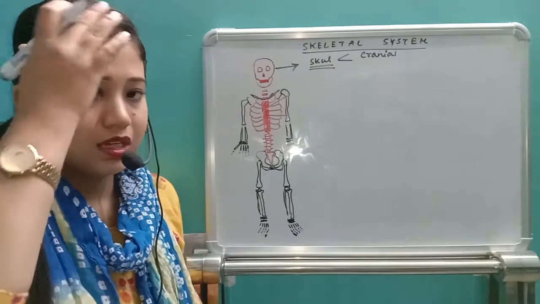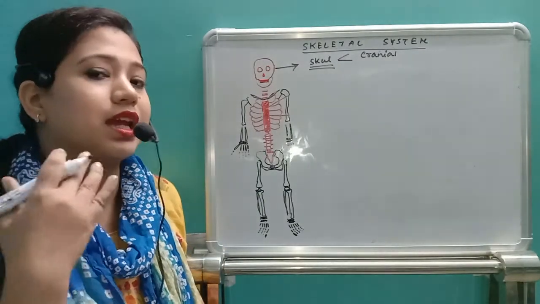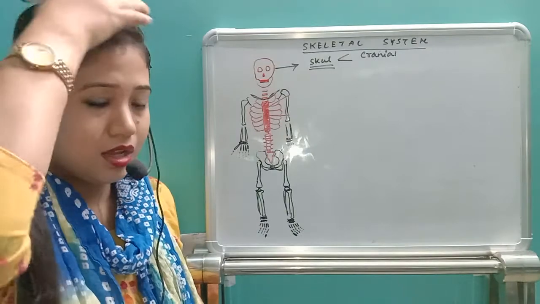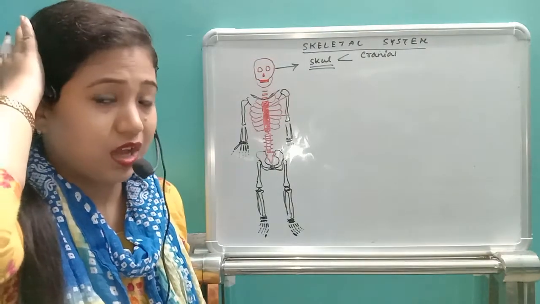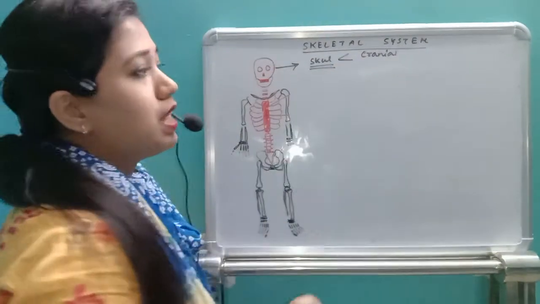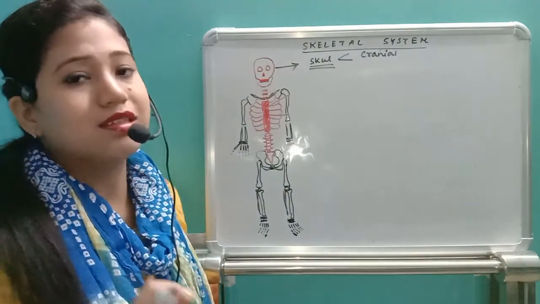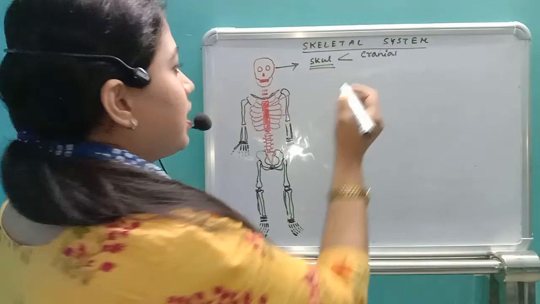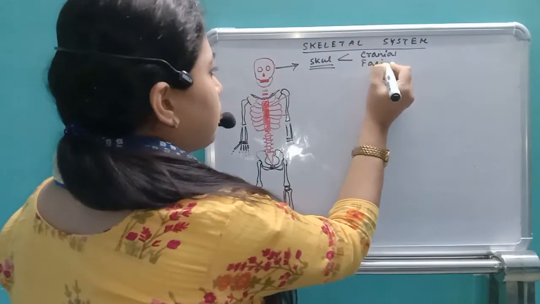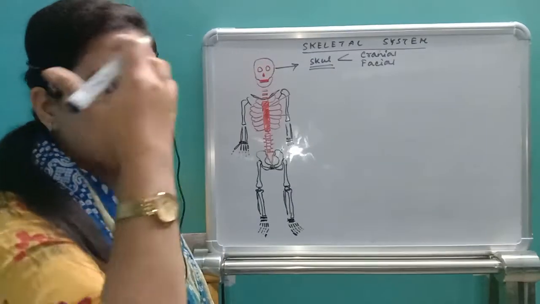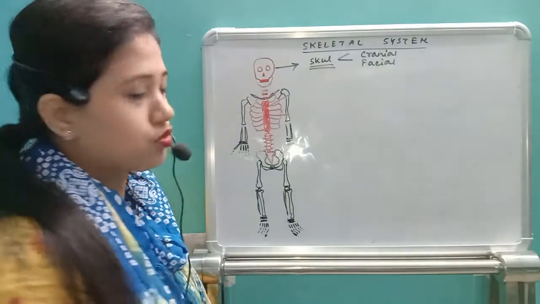That means this part above the neck is the skull. In the skull there is the brain box which is covering the brain; the bones covering the brain are named cranial bones. Second, we have the facial bones. Facial bones means the bones we have on the face.